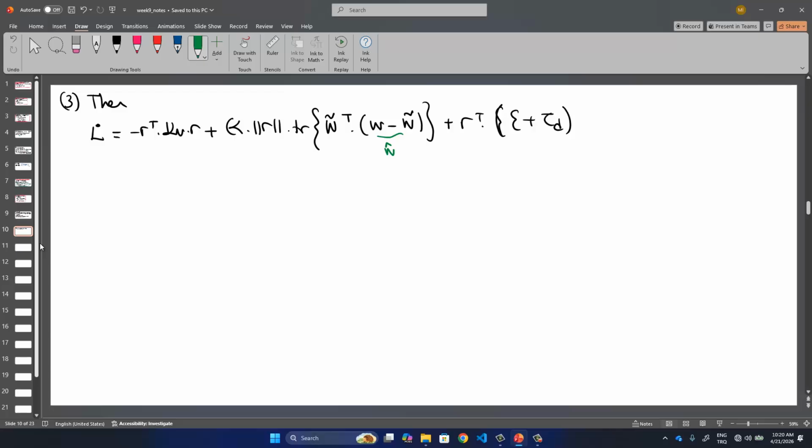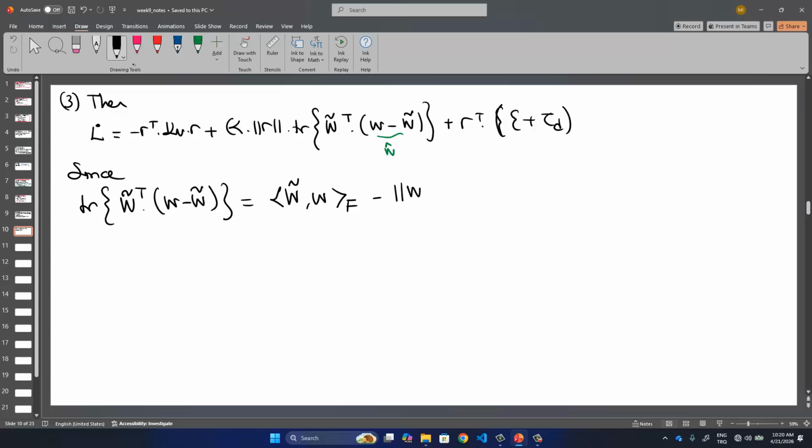Since we can write these terms as the trace of W tilde times (W minus W tilde), which is equal to the Frobenius norm of W tilde and W minus W tilde squared Frobenius norm.